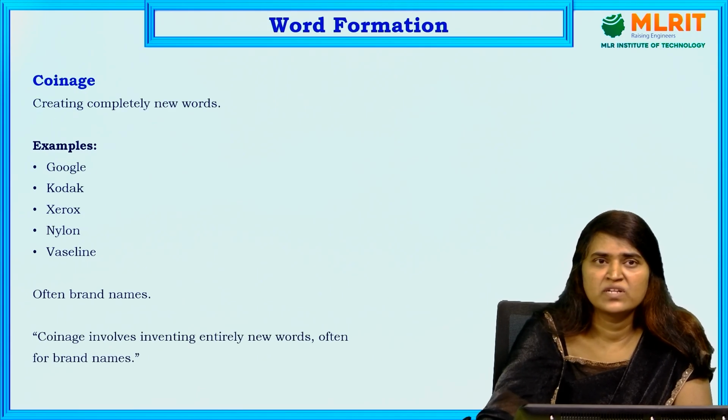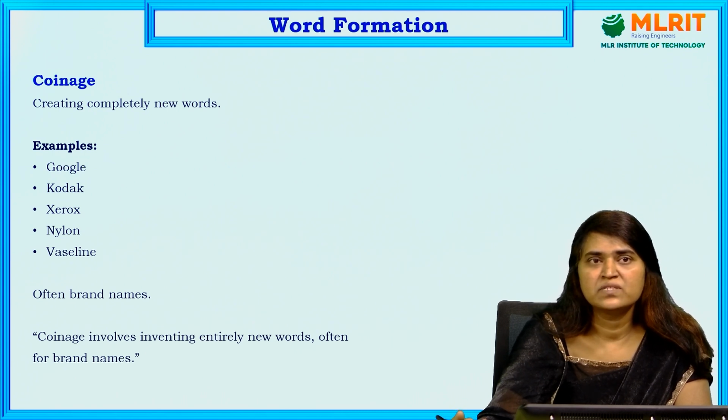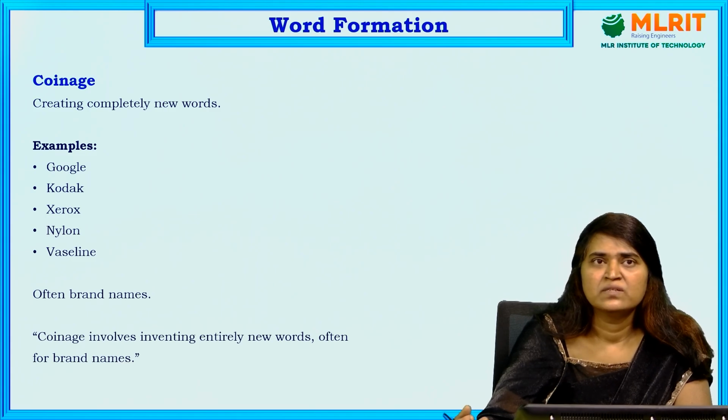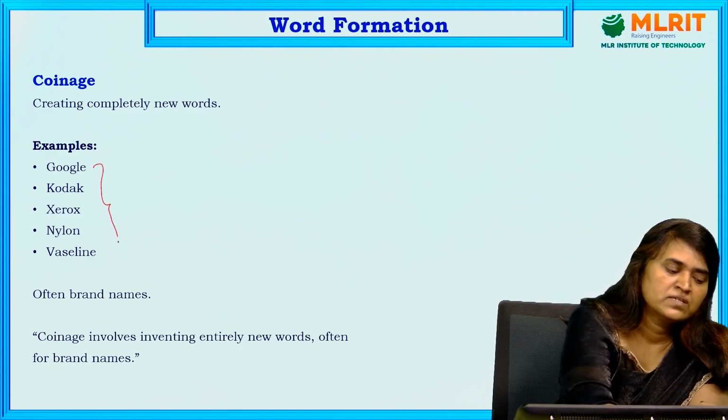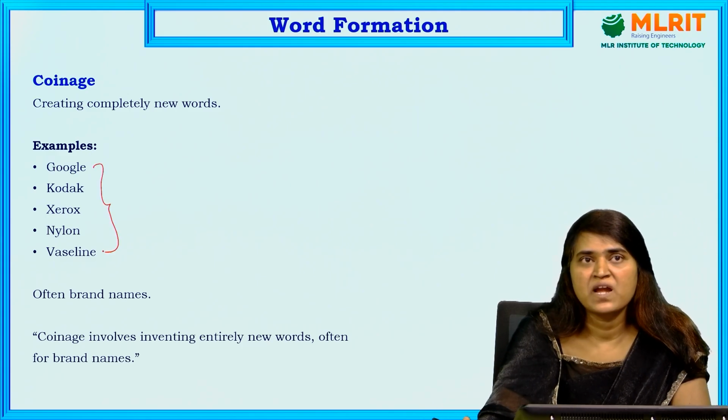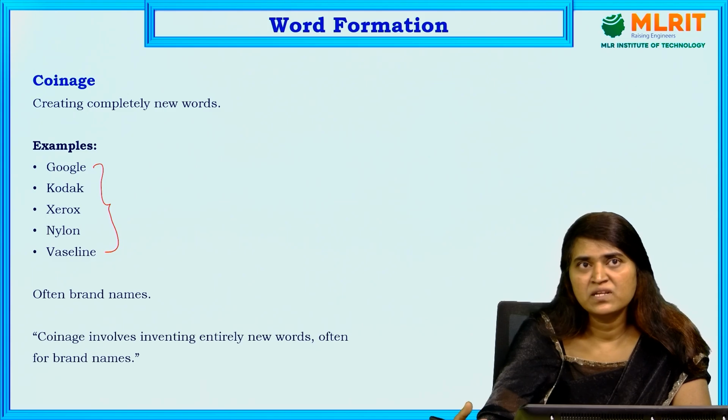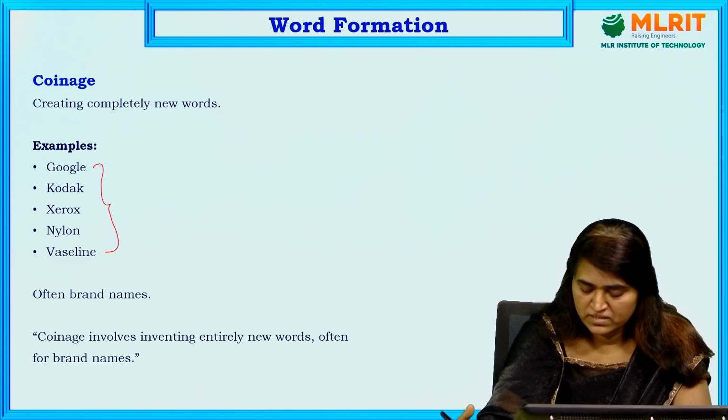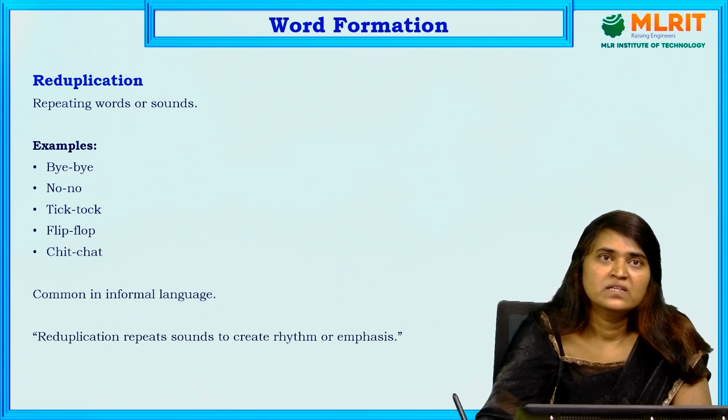So, next, coinage. Coinage involves inventing entirely new words, often for brand names. For example, Google, Kodak, and Xerox. These are names of a few brands. So, creating completely new words is coinage. And then reduplication.